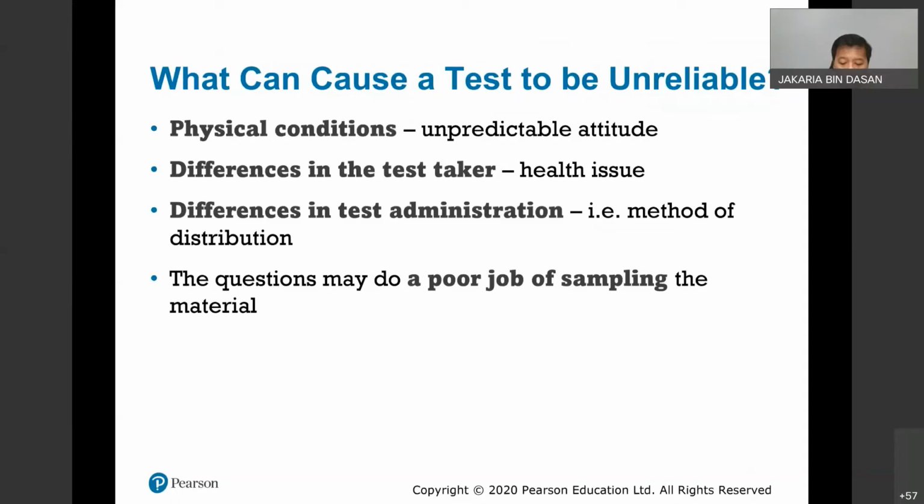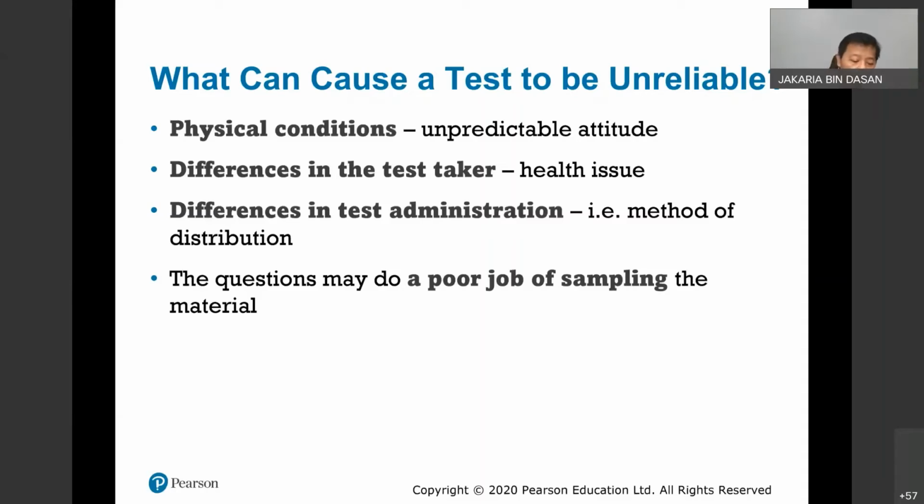Sometimes the testing could be unreliable. Why is it unreliable? Because of physical condition. Sometimes we prepare a test that does not suit the physical abilities or physical condition of particular candidates. Maybe the candidate is sick, for example, ill.